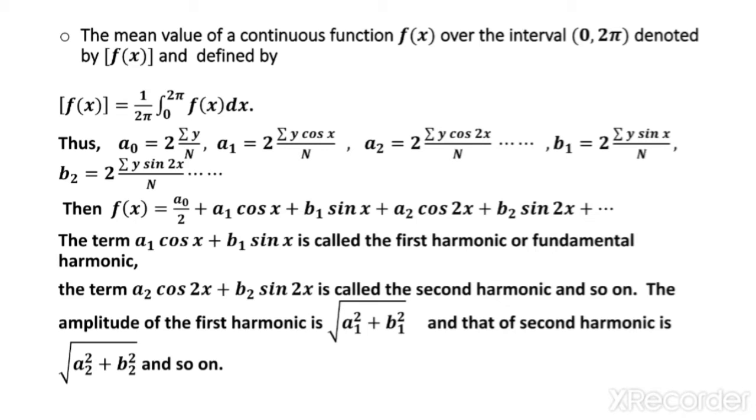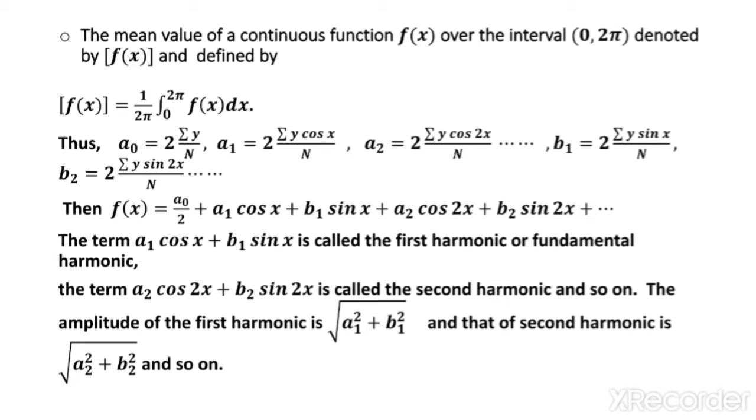If you have 0 ≤ x ≤ 8, then you have to get 8 minus 0. So the length is 8 minus 0 equal to 8, and then you need to equate that 8 with 2l. 2l equals 8, then l will be 8 by 2, which is equal to 4.